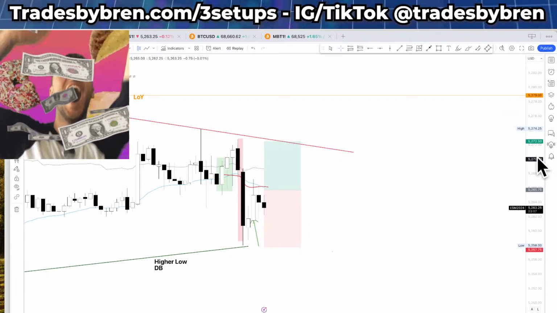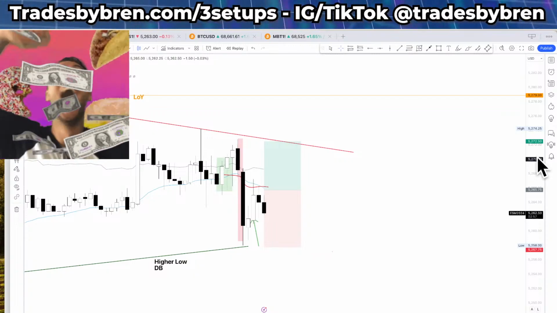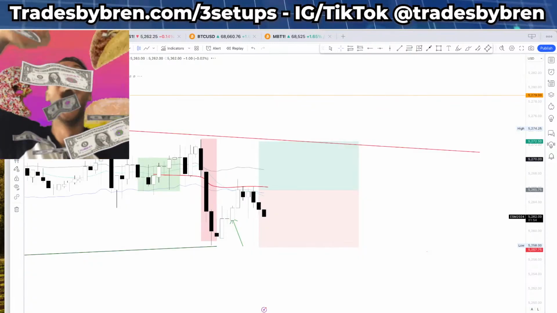Pretty neutral right now. Two consecutive bear bars. Momentum to the downside.